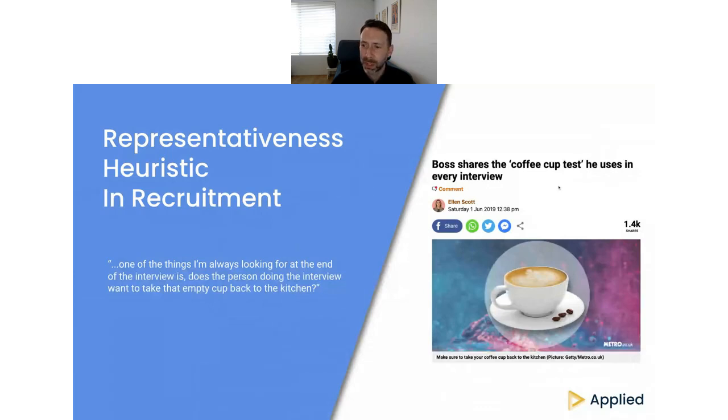This one was the coffee cup test, where this CEO or boss said the surefire way to tell if someone was a great recruit or not is whether at the interview, after having a cup of coffee, they took the cup back to the kitchen or offered to. Which, on the face of it, I agreed. I think most of us would take back the coffee cup or want to. We wouldn't just leave it there and expect someone to clean it up.